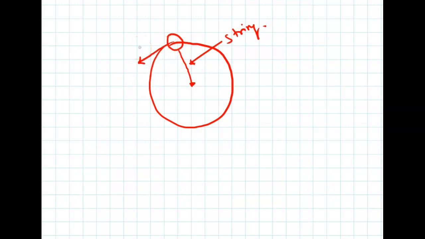As you increase the centripetal force more and more, technically we are increasing the tension. The tension is directly related to the centripetal force, so as the centripetal force increases, the tension of the string increases.